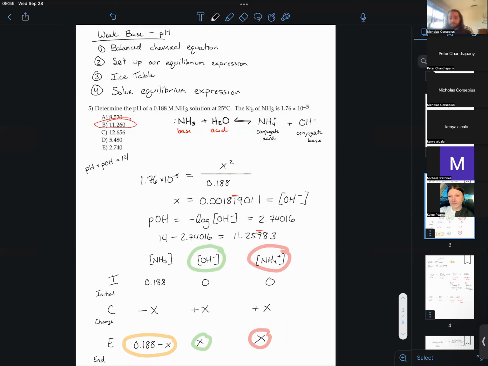And then we just have to solve that equilibrium expression for X. Then we had this last step to calculate the pH, given those concentration values. In this case, it was the concentration of hydroxide ions. So we went to the pOH first and then calculated pH.